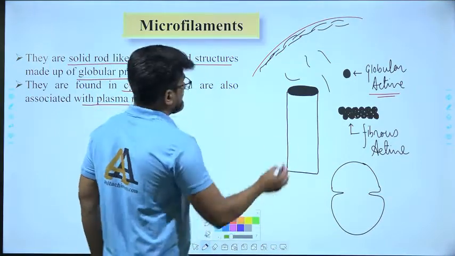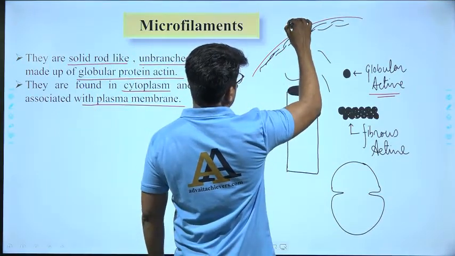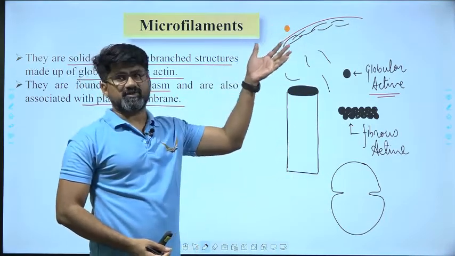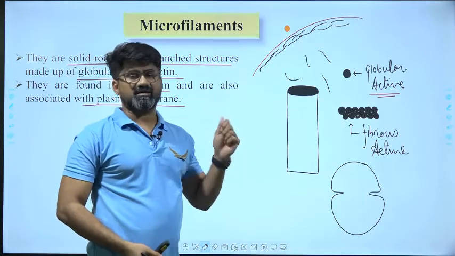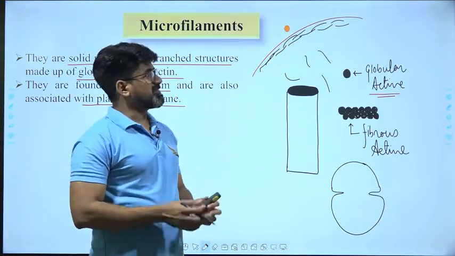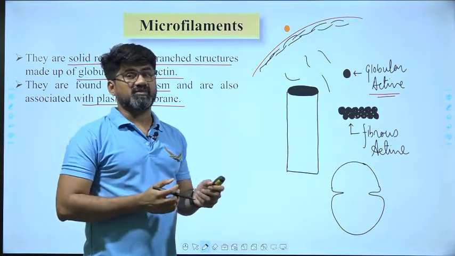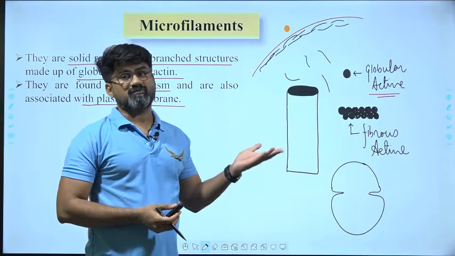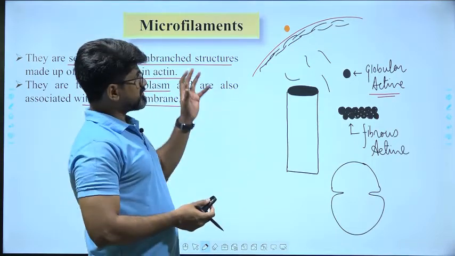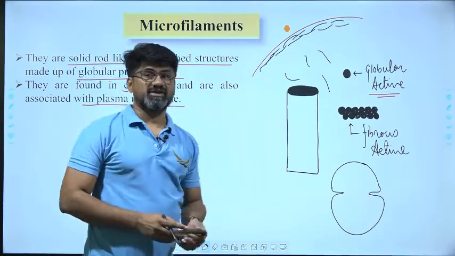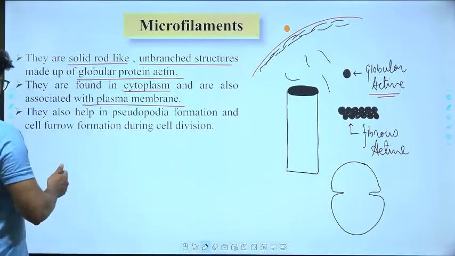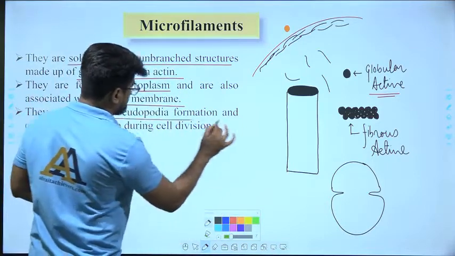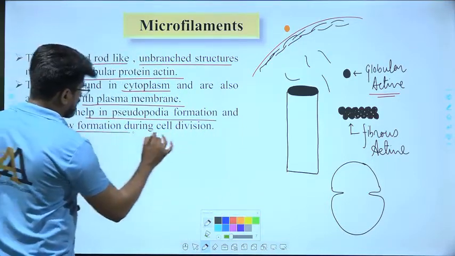Supposing that on the outer side there is a food particle, and this kind of arrangement we have discussed during the process of endocytosis, when any food particle comes in contact with the plasma membrane, it performs the gel-sol mechanism, as well as pseudopodia formation in case of amoeba. This process takes place with the help of this microfilament, right? So they also help in pseudopodia formation, particularly in amoeba, and cell furrow formation.